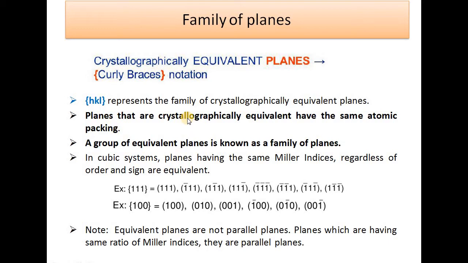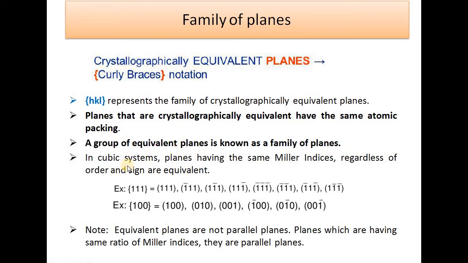Now, what do we mean by crystallographically equivalent planes? It's a group of equivalent planes which have the same atomic packing. Such a group of equivalent planes is known as a family of planes.